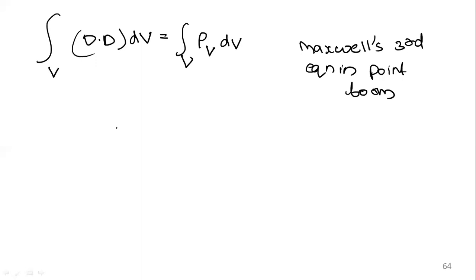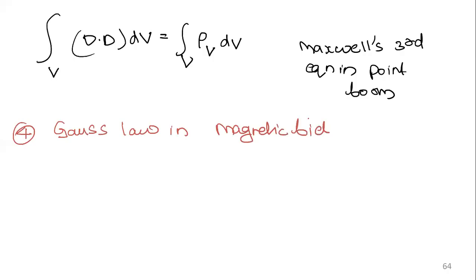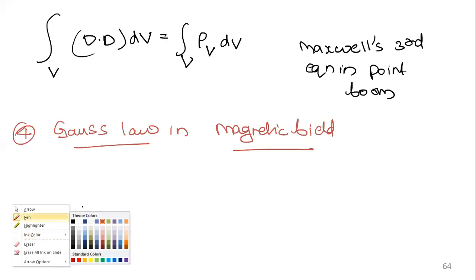That is from Gauss law in electric field, and now the fourth one is Gauss law in magnetic field. So what does that say? It's very simple.